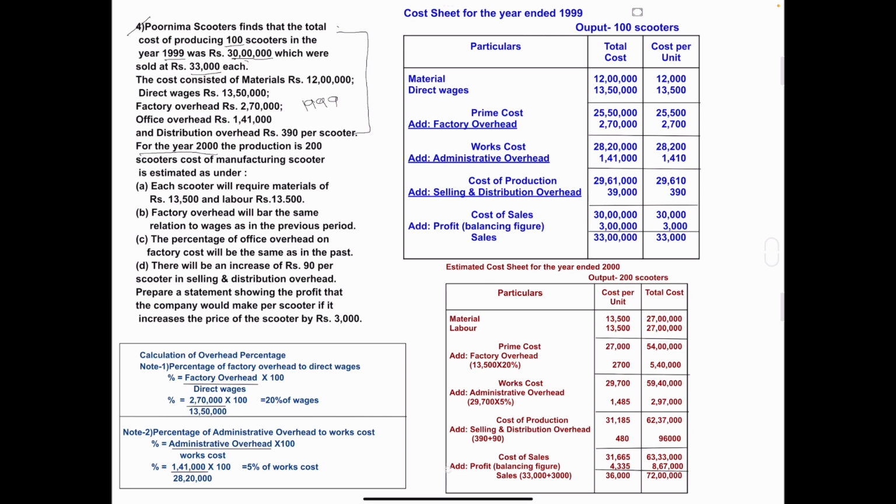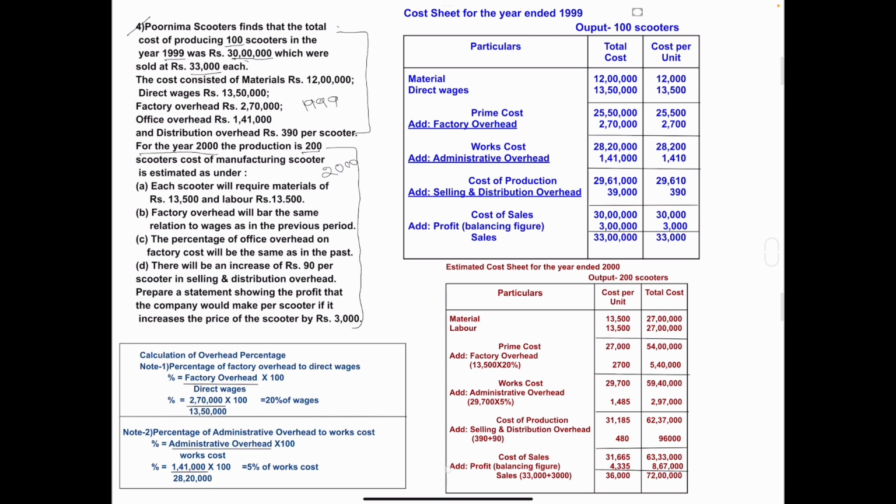There will be an increase of rupees 90 per scooter in selling and distribution overhead. Prepare a statement showing the profit the company would make per scooter if it increases the price of scooter by rupees 3,000. So in the year 2000, they are producing 200 scooters, and by taking all this information, we have to prepare the estimated cost sheet for the year 2000.